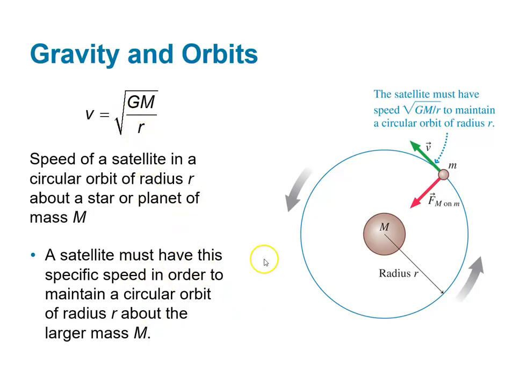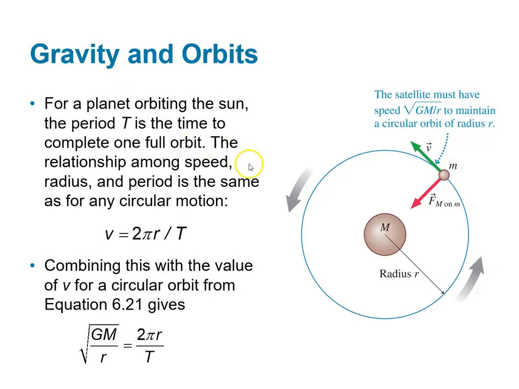So it says a satellite must have this specific speed in order to maintain a circular orbit of radius r around mass M. So notice that the mass of the satellite is not in this equation. It doesn't matter. This capital M is the mass of the Earth or the mass of the planet that the satellite is orbiting. G is a constant. R is the radius.